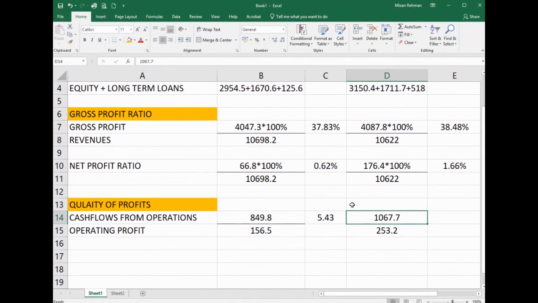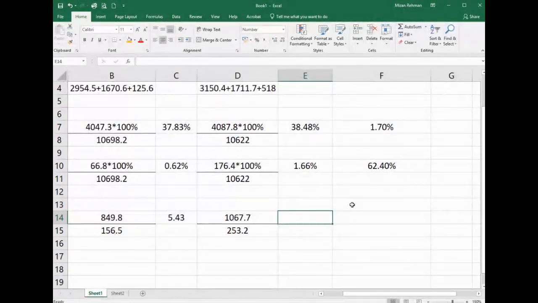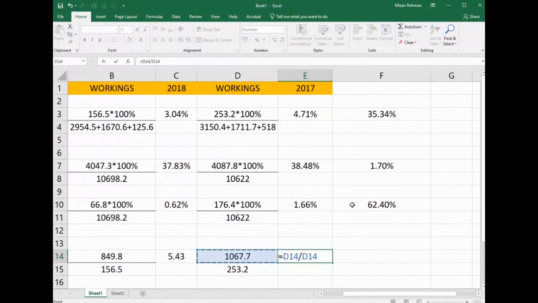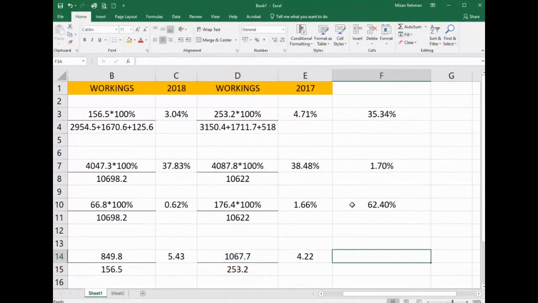Why is this important? I have explained this in our earlier videos, so please refer back to those if you still don't know what this means. In 2017, it was 4.22%. So it has actually increased.